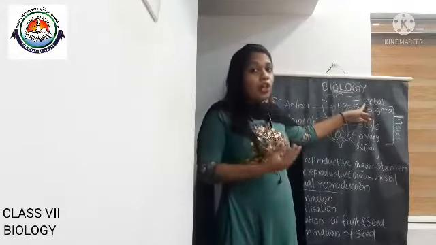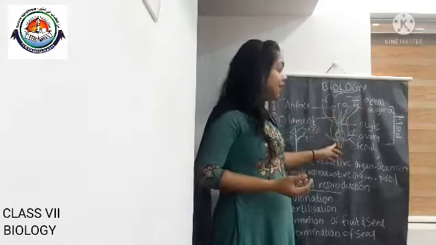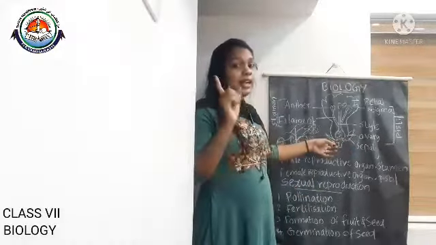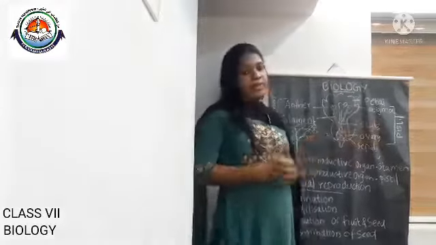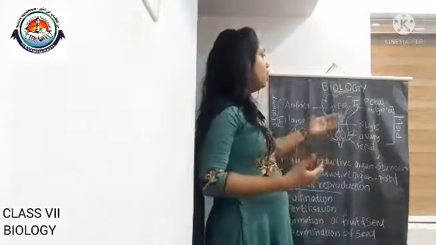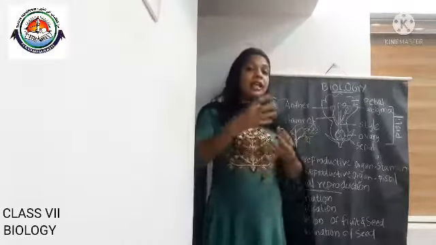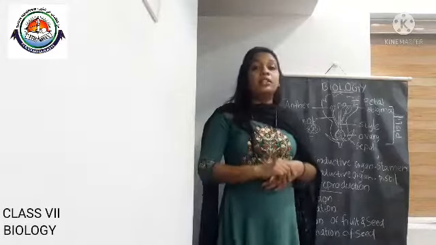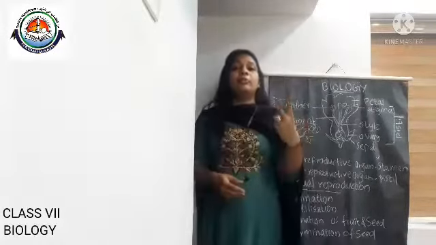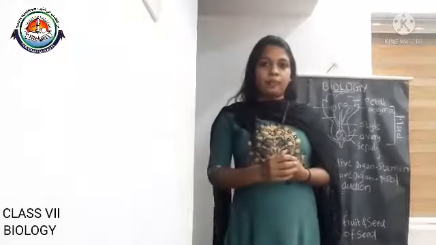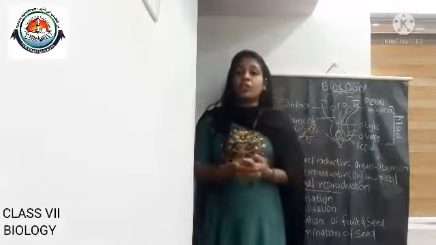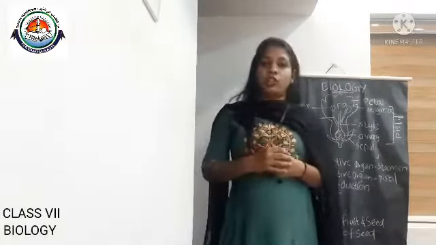And at the base of a flower you can see the green leaf-like structure. Right? That is called the sepal. And coming to the middle portion, inside the flower there exist the male reproductive part and the female reproductive part.